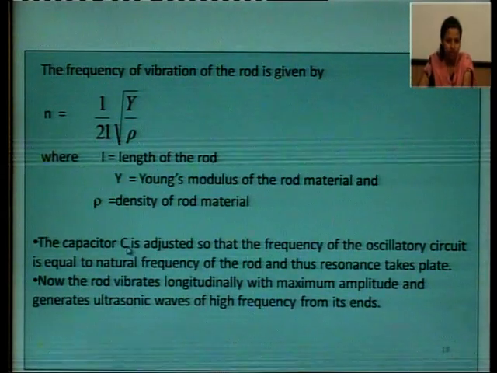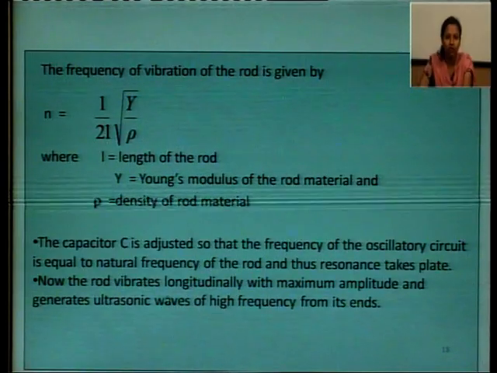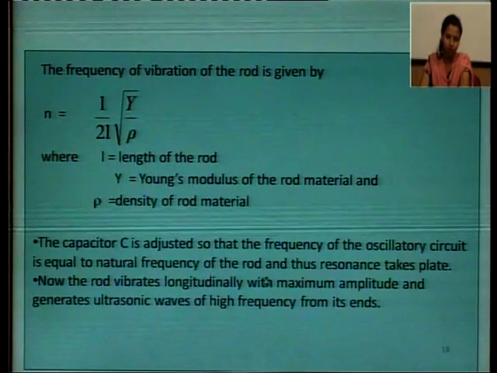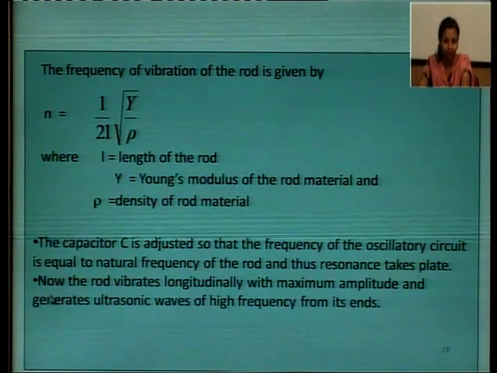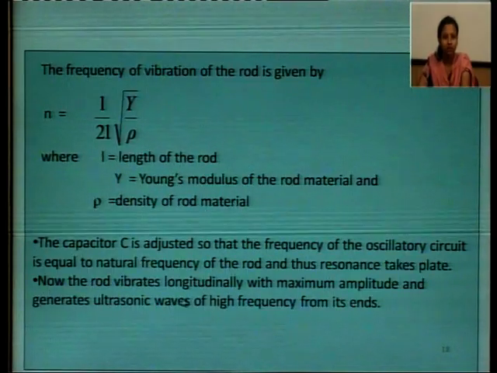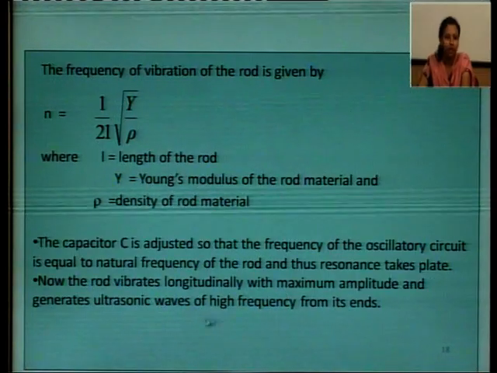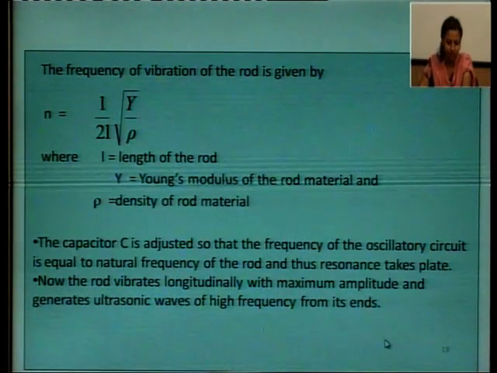The capacitor C is adjusted so that the frequency of the oscillator circuit is equal to the natural frequency of the rod, and thus resonance takes place. Now the rod vibrates longitudinally with maximum amplitude and generates ultrasonic waves of high frequency from its ends.